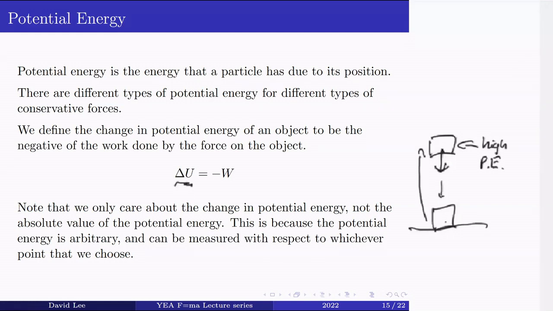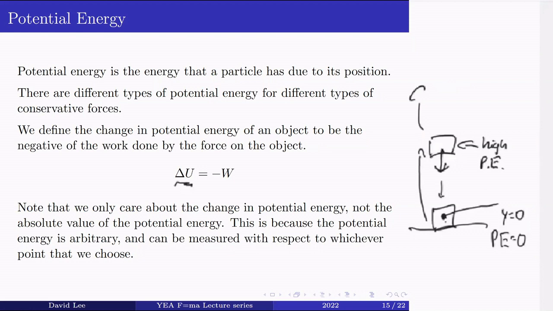So in the case of gravity, we find it very convenient to specify the ground as our reference point, or y equals 0, potential energy is 0. This is because as we go up, potential energy increases.